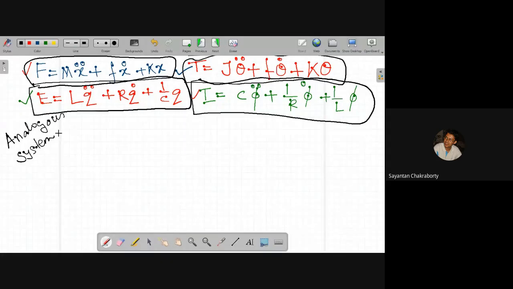Not only mechanical, any system that has a particular differential equation can be converted to an equivalent electrical network. And since an electrical network is very amenable to experimental study or analysis, and you know the different rules for analyzing electrical networks, it becomes very easy to at least predict or study the behavior of the system.